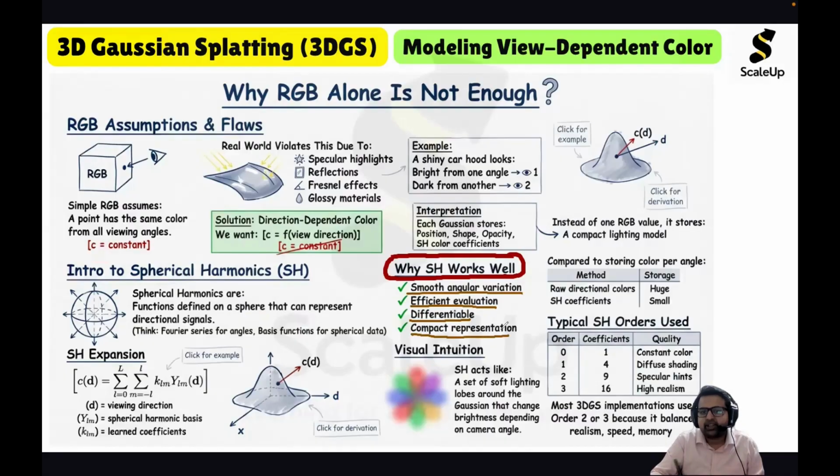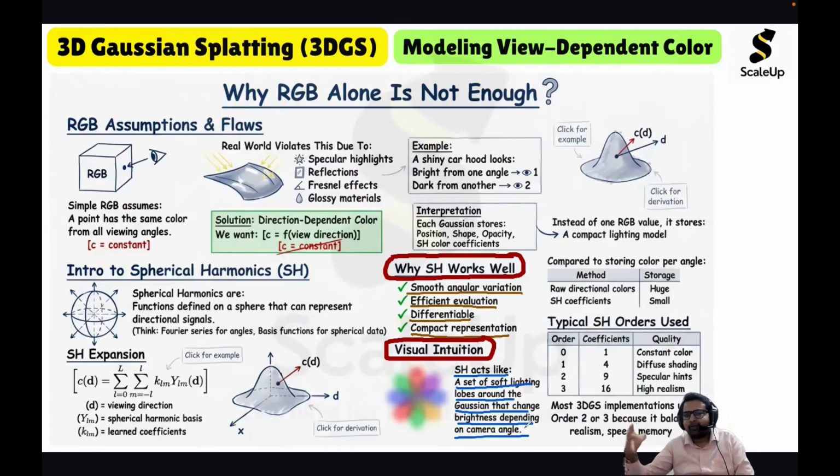For visual intuition, spherical harmonics act like a set of soft lighting lobes around the Gaussian that change brightness depending on camera angle. The beauty of it is that when you change the camera angle, automatically the Gaussian's color will change. Brightness and lighting conditions, the shininess and all that will change accordingly. And that makes sense also.